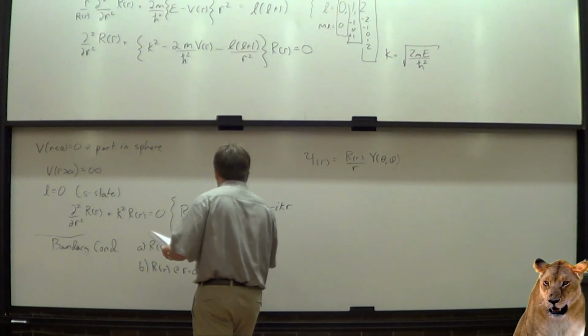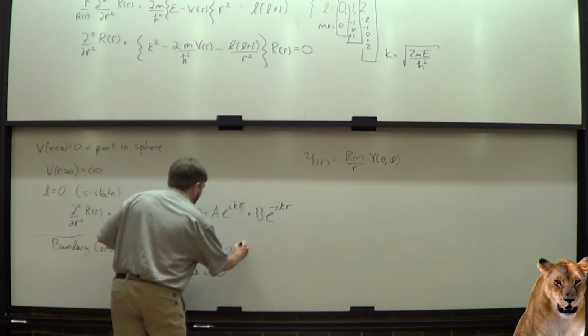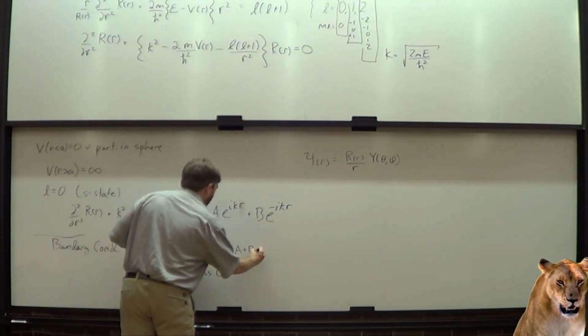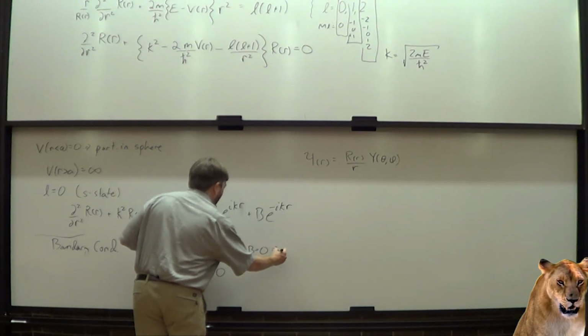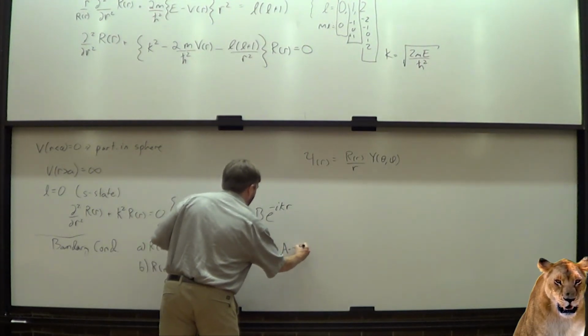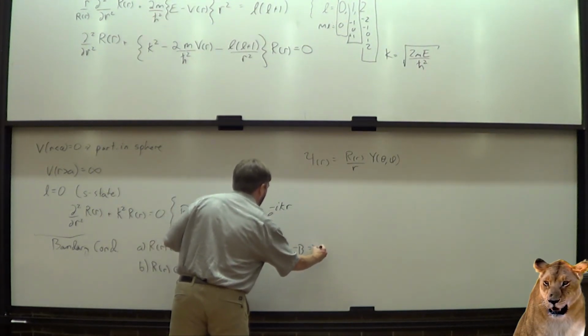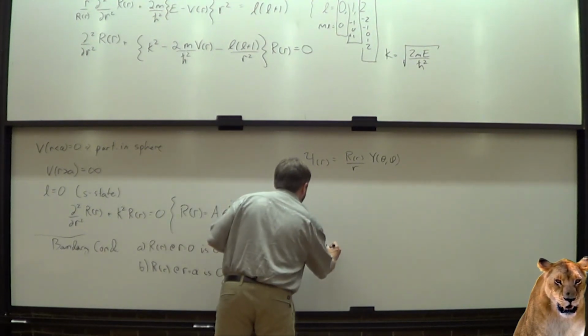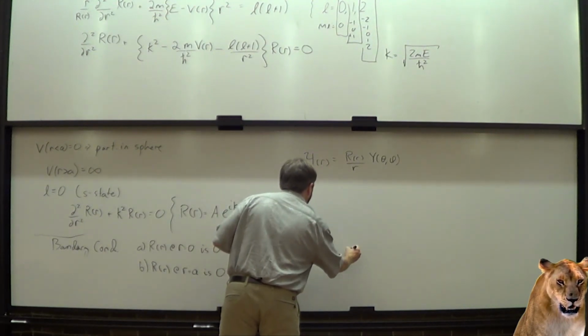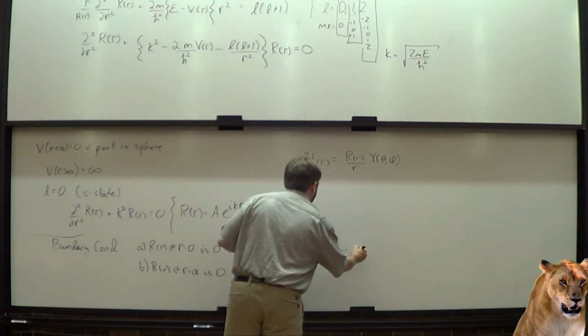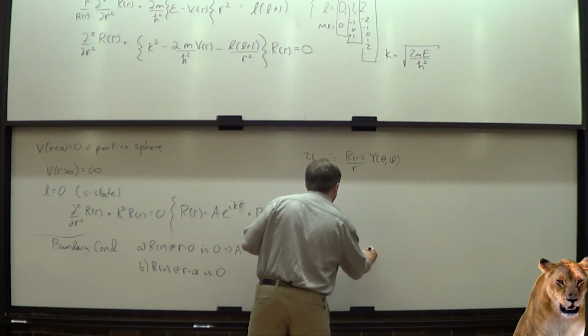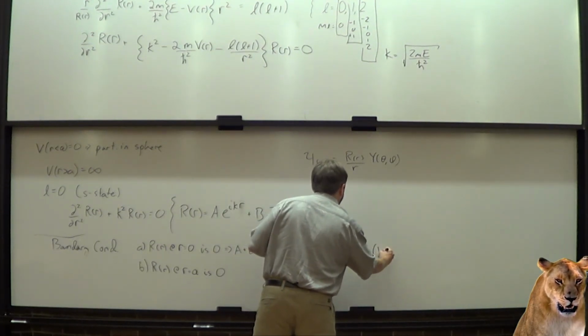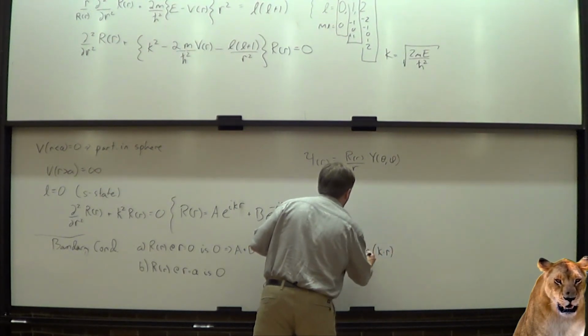Okay. So therefore, a plus b equals 0. Therefore, a is equal to minus b. Therefore, the ground state, L equals 0, is, it's not normalized, but whatever, sine of kr over r.